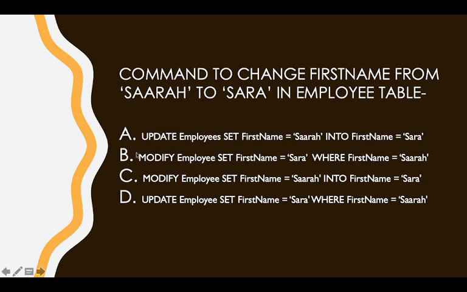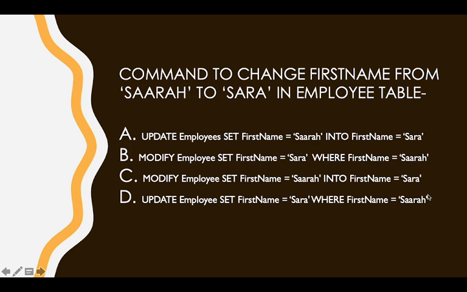B, we have already rejected because it is using the modify clause. C, we have already rejected because it is using the modify clause. Coming back to our last and only option, which says update employee set first name is equal to Sarah where first name is equal to Sara.